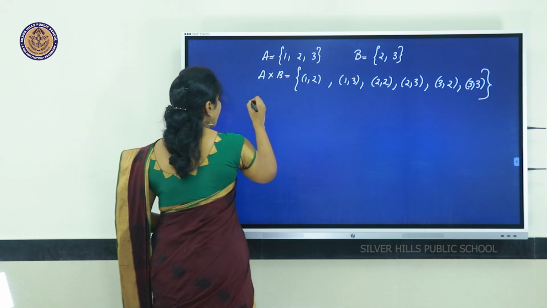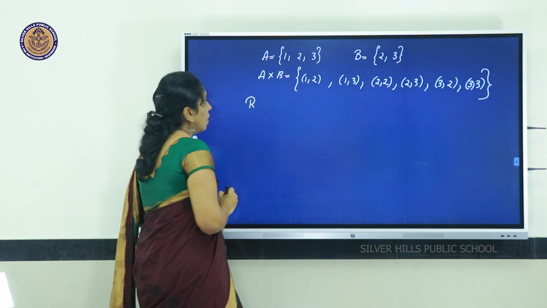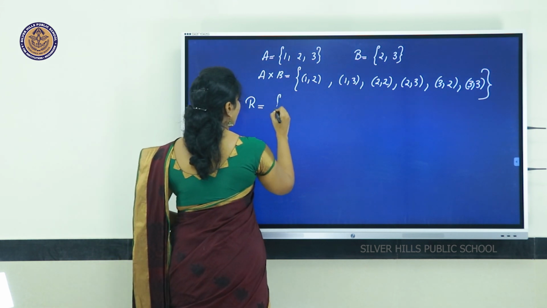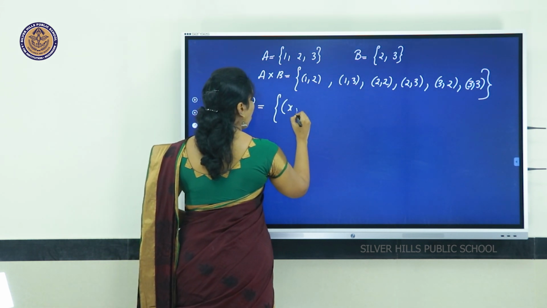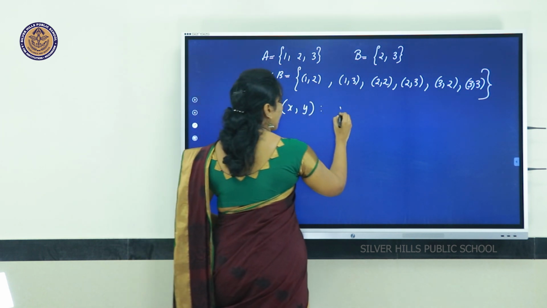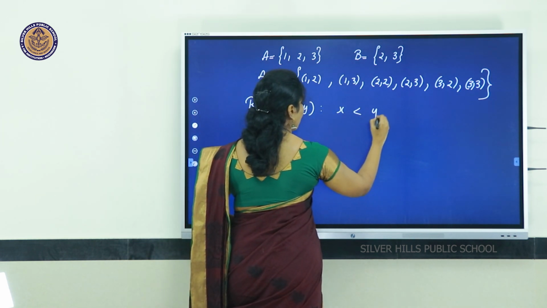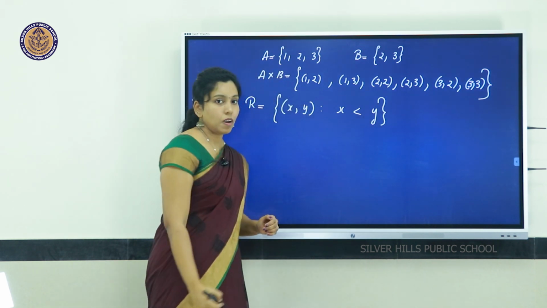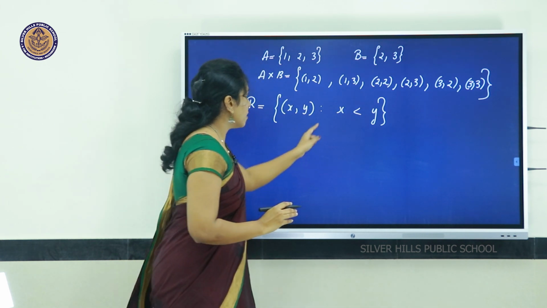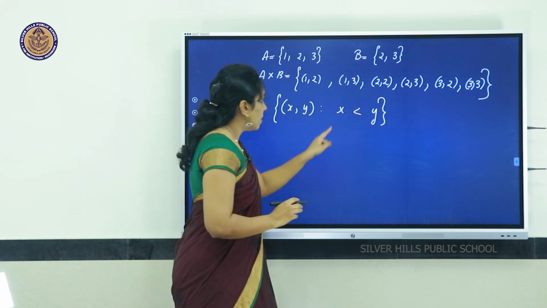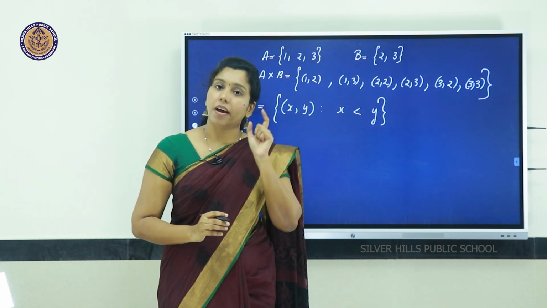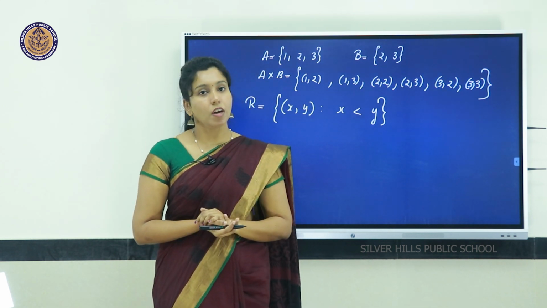So let me define a relation R from A to B as, say, R is equal to the set of all ordered pairs (x, y) such that x is less than y. This is my relation. What is it? I want those ordered pairs satisfying this condition. This x denotes the first member of the ordered pair and y denotes the second member of the ordered pair.